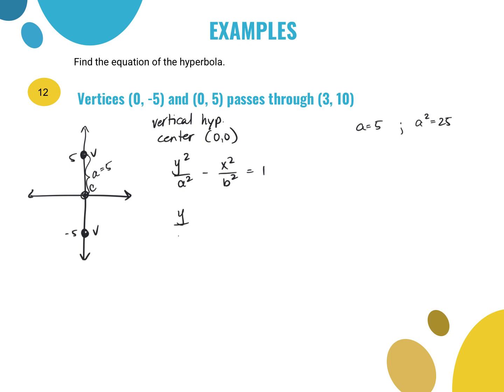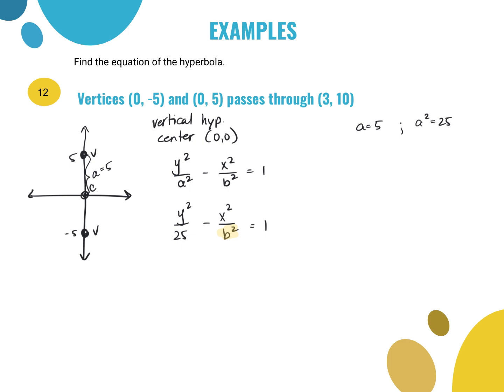So I can already start to simplify this a little bit: y squared over 25 minus x squared over b squared equals 1. You're noticing the only thing missing here is the b squared part of it. Now, I don't have the c value, I don't have asymptotes.